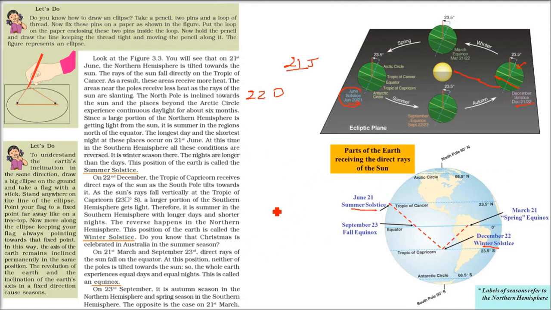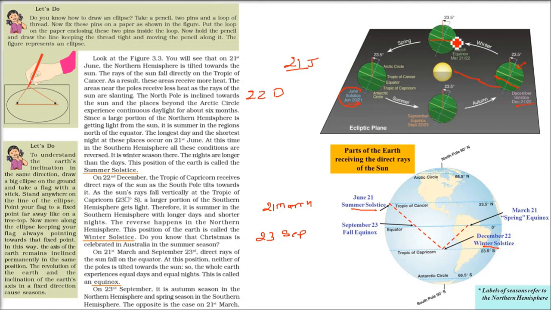Now coming to 21st March. Here we get 23 September, and we talk about 21st March together. This is actually the equinox position. So the direct rays of the sun fall on the equator.